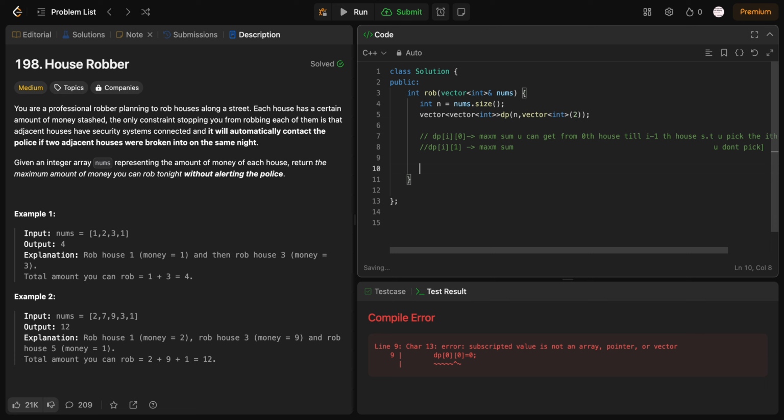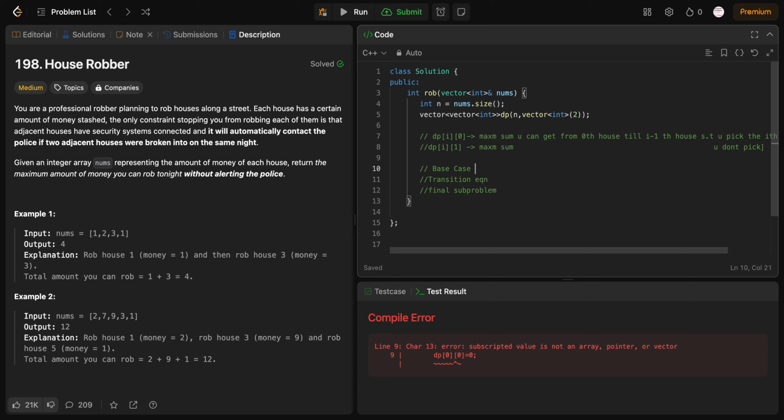And in DP, it's always like the base case comes first, then the transition equation, and then the final subproblem, which is always asked in the question.